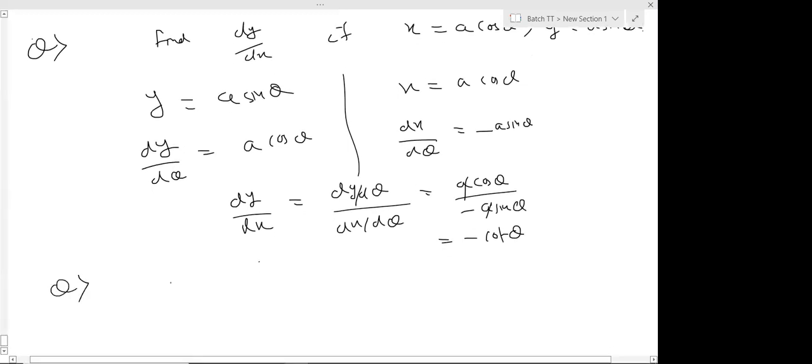Next question. y equals sin theta cos theta and x equals tan theta.